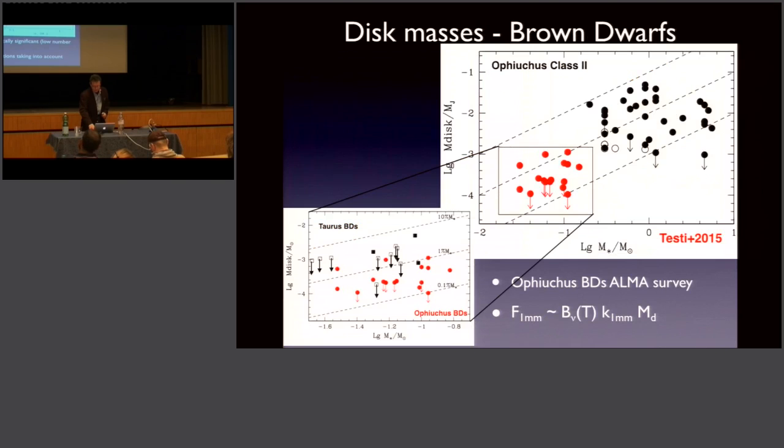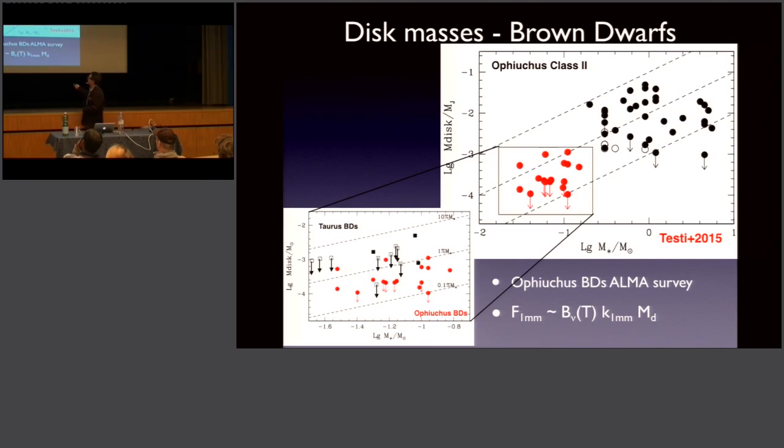Okay, the other interesting aspect that I told you I would assess would be to look again at this disk mass versus stellar mass plot, looking at the brown dwarf disks. The reasons for looking at brown dwarf disks are several. The first is to check whether the disk masses extend down to that mass range with the same scaling relation, which would connect to the formation process of brown dwarfs.